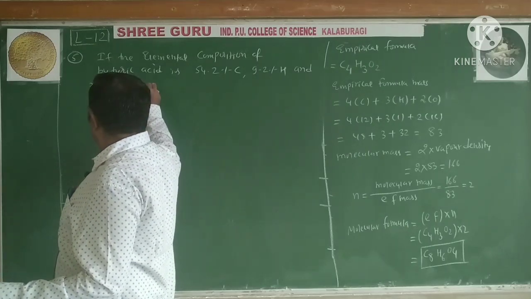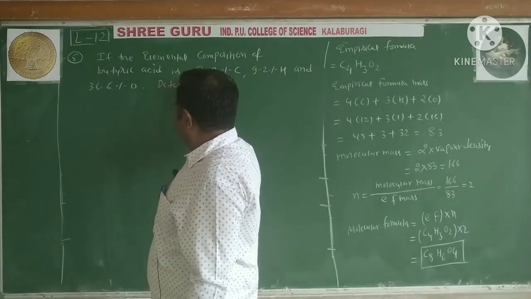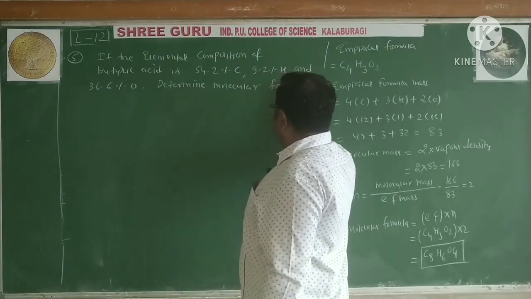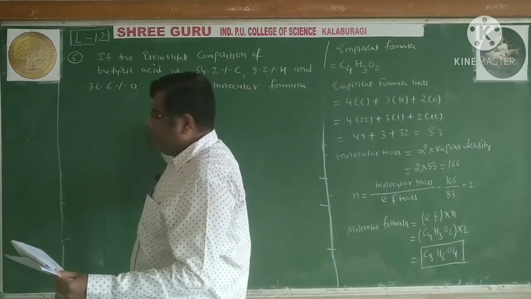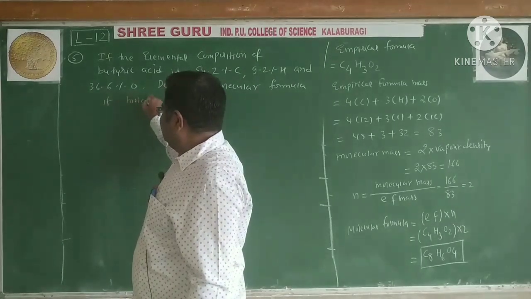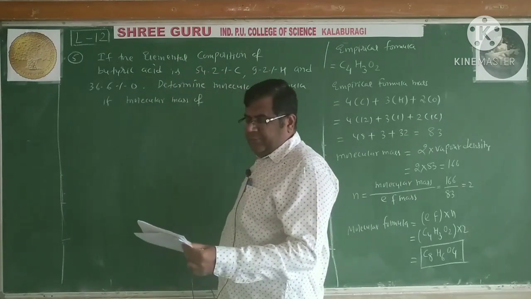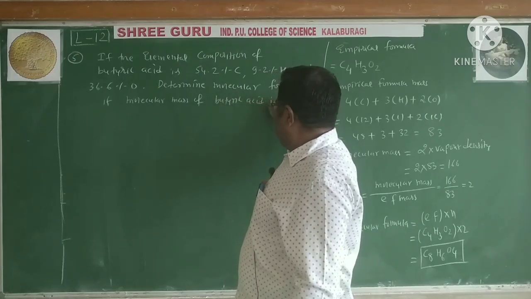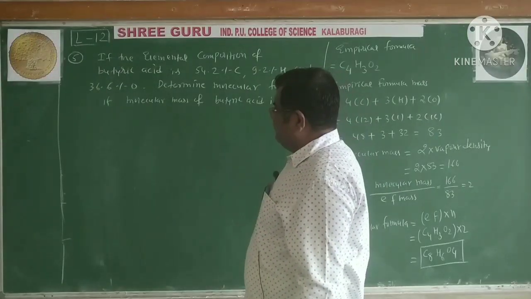Determine the molecular formula if the molecular mass of butyric acid is 88. This is one question.